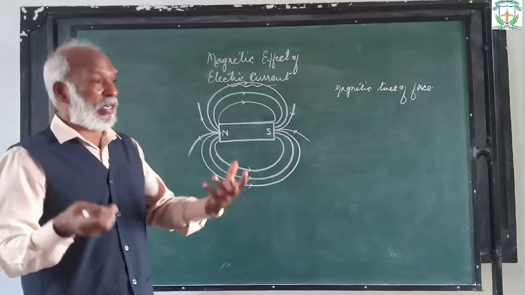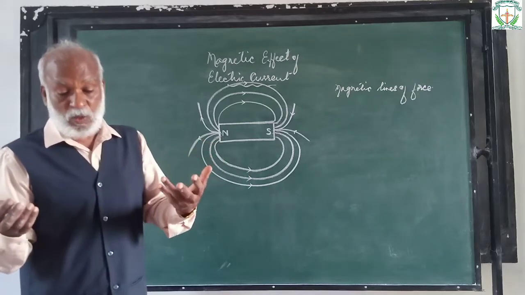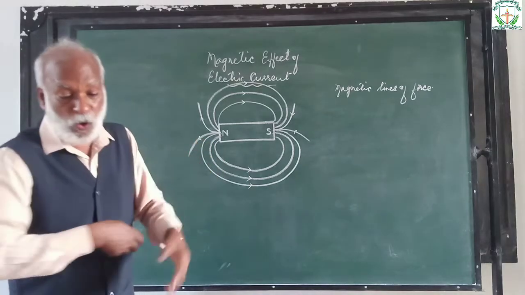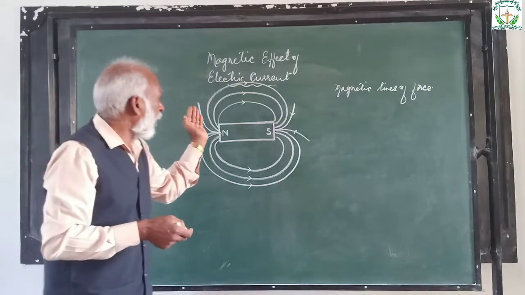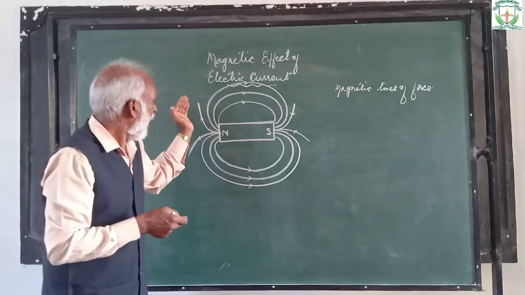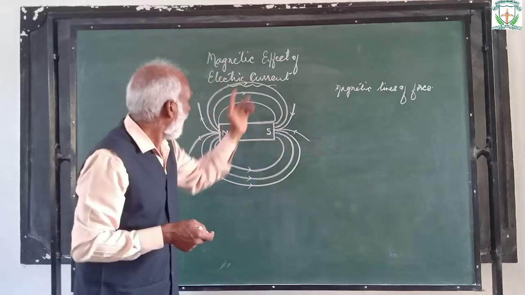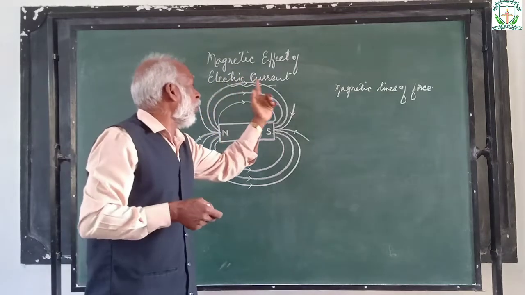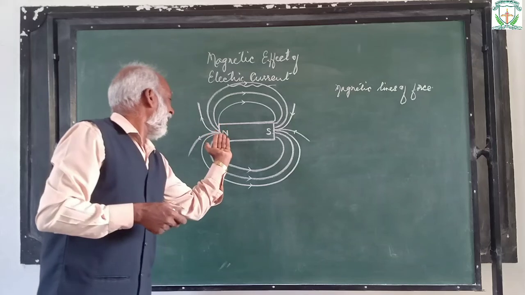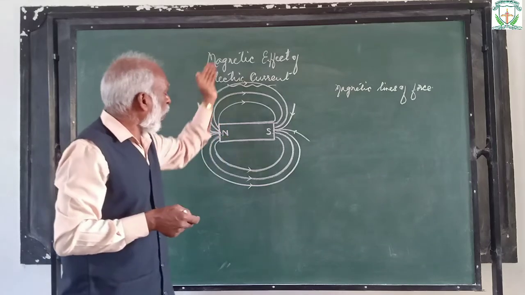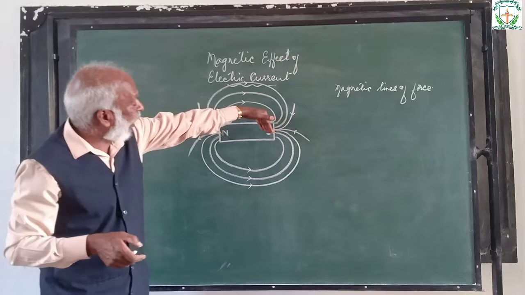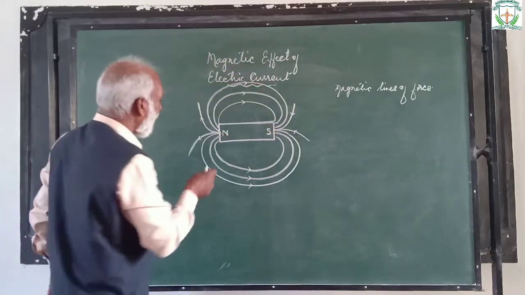a sawdust or rice flour spread around. The magnetic field is along a particular closed loop, starting from north pole and ending at south pole externally.